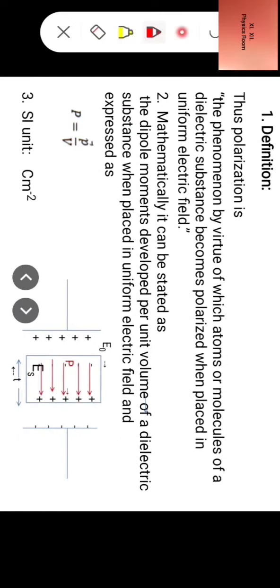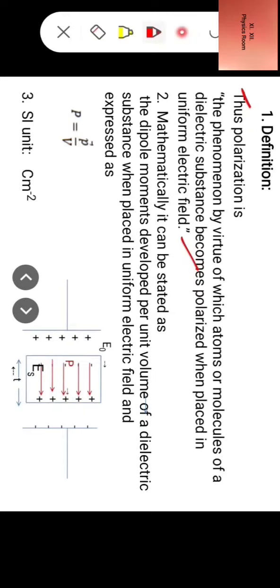Now, after understanding how a dielectric slab becomes polarized, we define polarization. Polarization is the phenomenon by virtue of which atoms or molecules of a dielectric substance become polarized when placed in a uniform electric field. So this phenomenon is known as polarization.